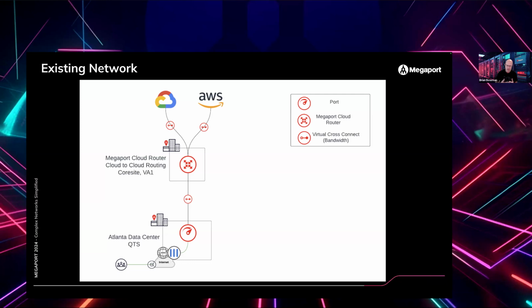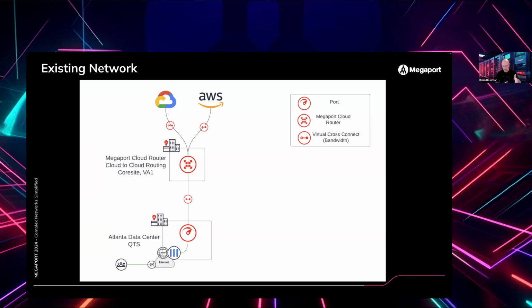This example I'm showing you is adding another element to that. This hypothetical customer has what we call Megaport Cloud Router, and that is turned up in the Virginia area or the Washington, D.C. area, and it's meant to be close to those cloud providers. The point of this is now I can do cloud-to-cloud routing locally, with very low latency, connecting that traffic directly between, in this case, AWS and Google.